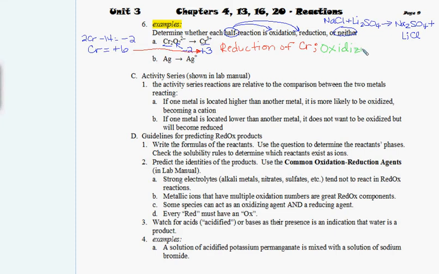So in this case, the agent is always a reactant, and this particular reactant, being dichromate ions, carries the species that was reduced, chromium, and therefore, if it were mixed with another half reaction, the dichromate would actually cause the other reactant to be oxidized. That's why we call it an oxidizing agent.